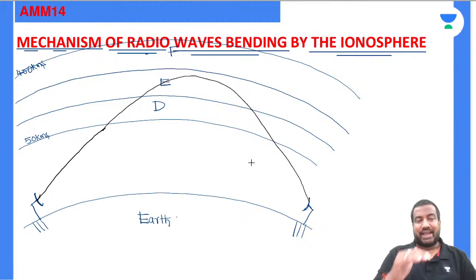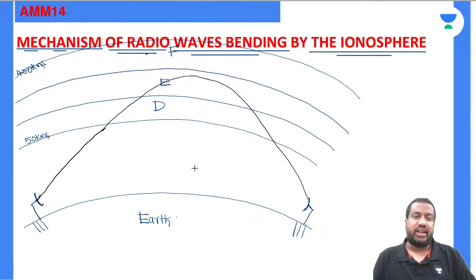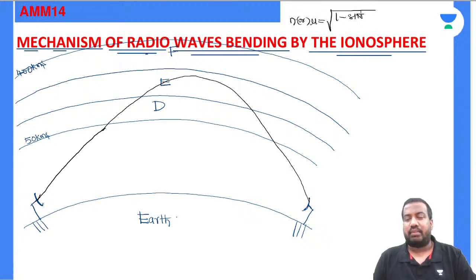This ionosphere at different heights has different ionic densities and thereby different refractive index. The refractive index of ionosphere, as we have derived, is given as N or mu, equal to under root of 1 minus 81 N by F square.